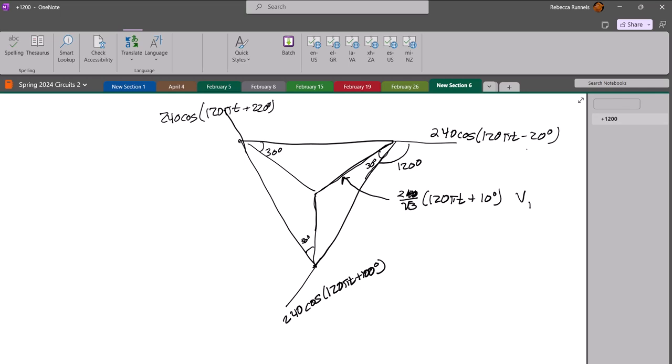This one? This is what, let's see, I have this one labeled, so this one is V12.